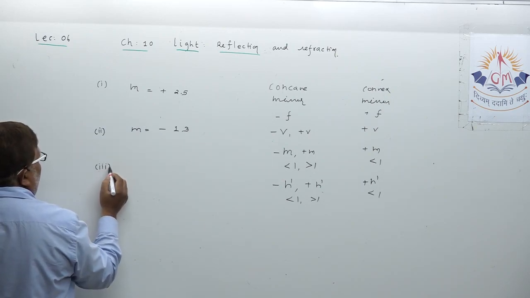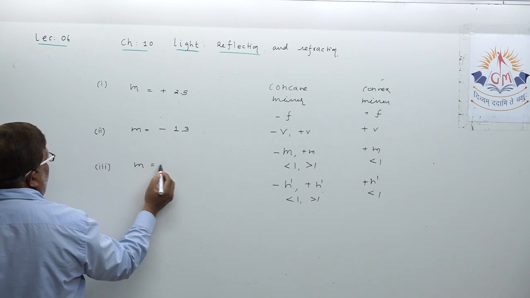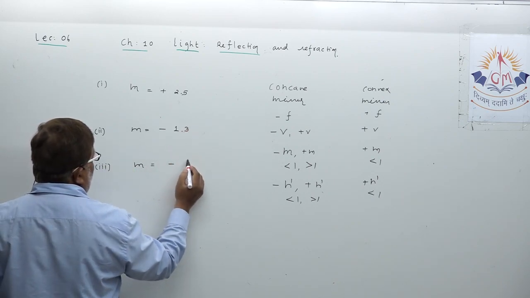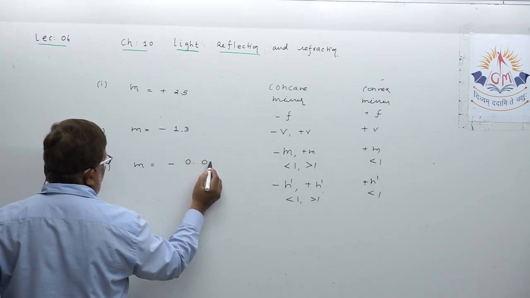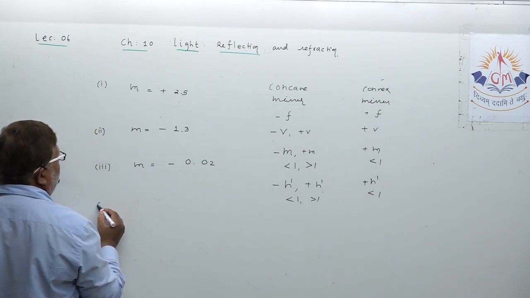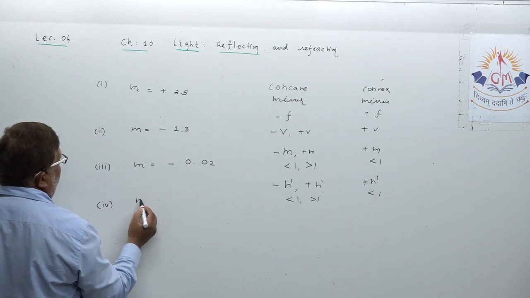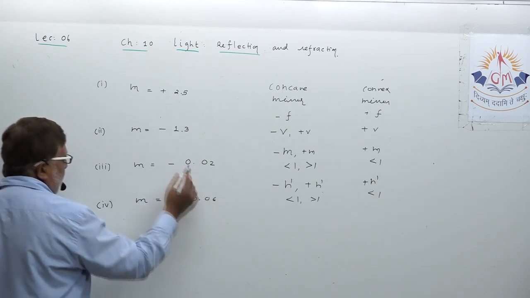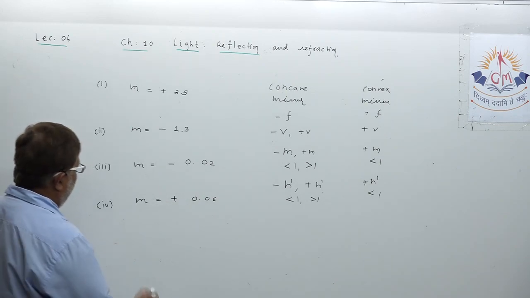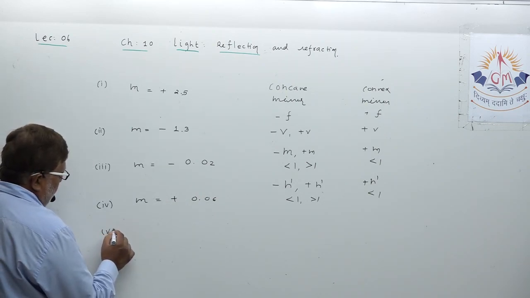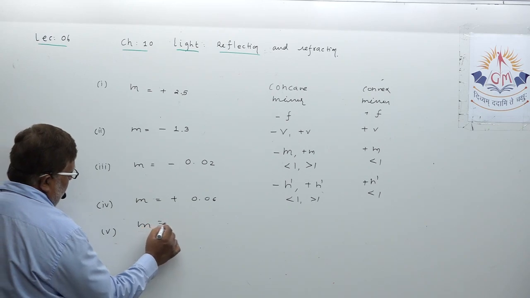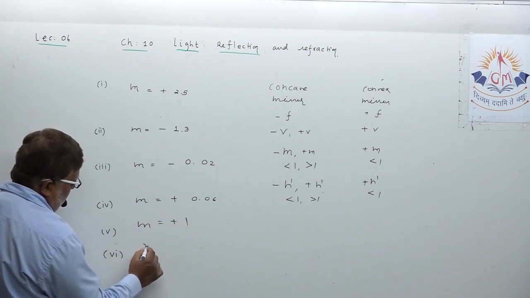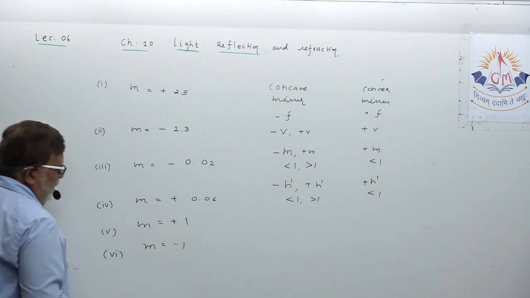Third, M equal to minus 0.02. Fourth, M equal to plus 0.06. Now, dear student, one more thing, let me write it. M equal to plus 1. M equal to minus 1.